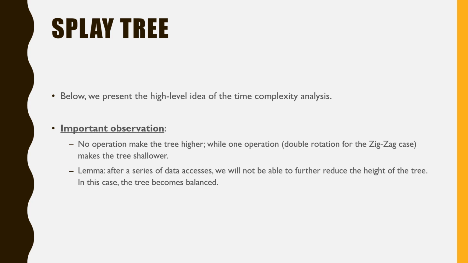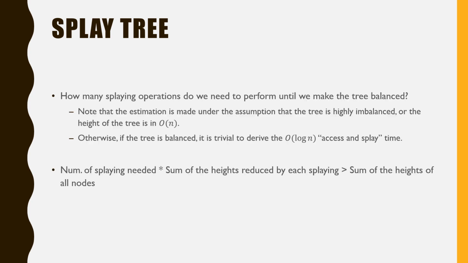As the height of the tree approaches its minimum, it converges to O(log n), resulting in a logarithmically balanced tree. The next question is, how many splaying operations are required to minimize the tree's height?